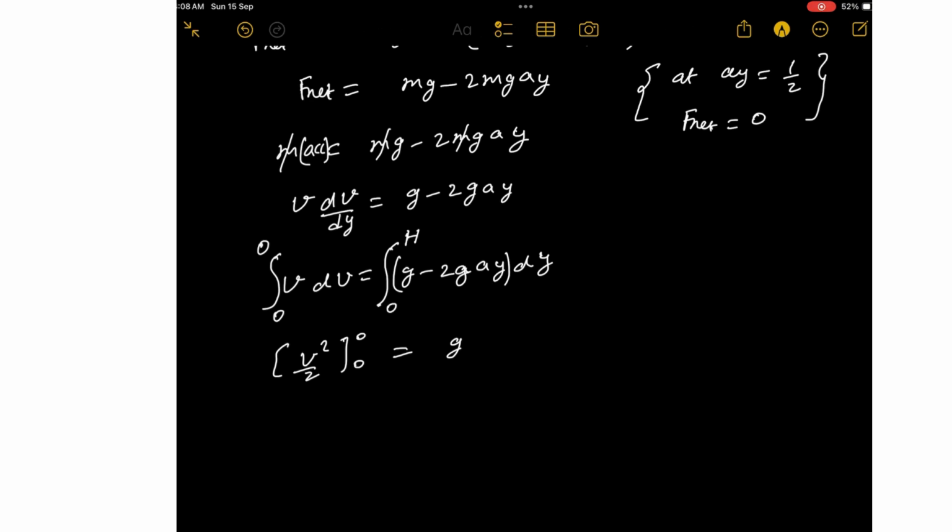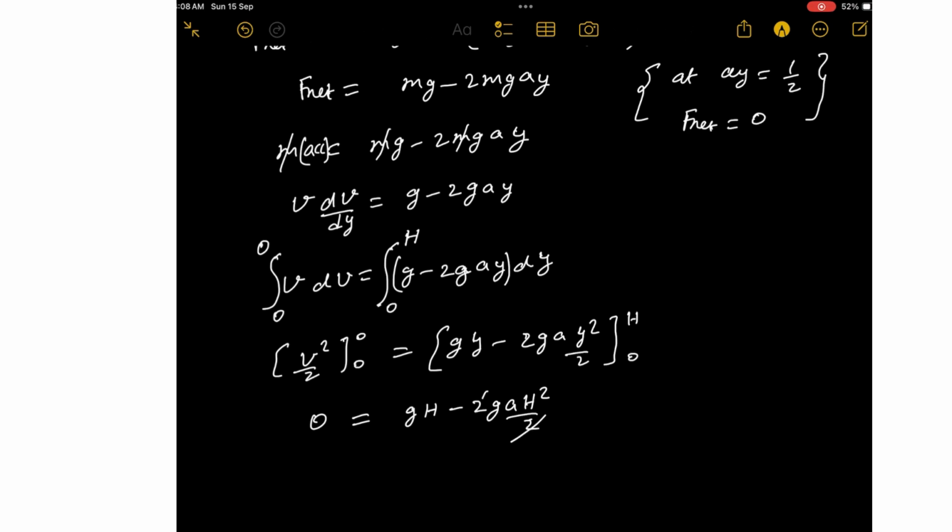Solving this, what we get is g y minus 2g a y square by 2 with limits 0 to h. Now this becomes 0 is equal to, when we put the limit, gh minus 2ga h square by 2.